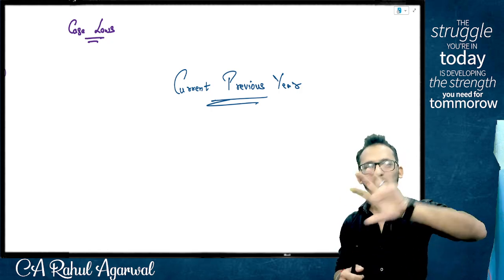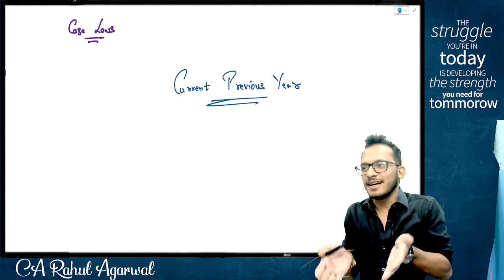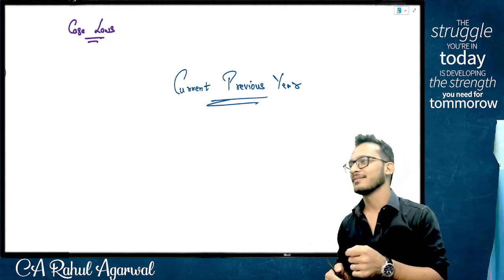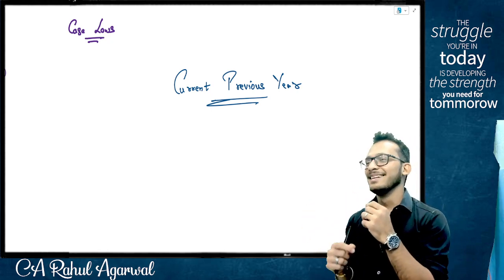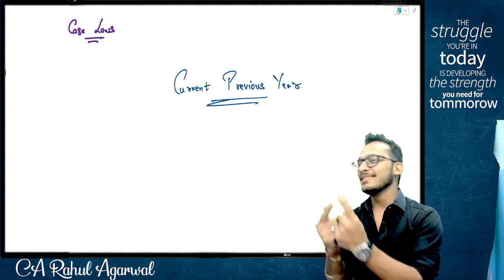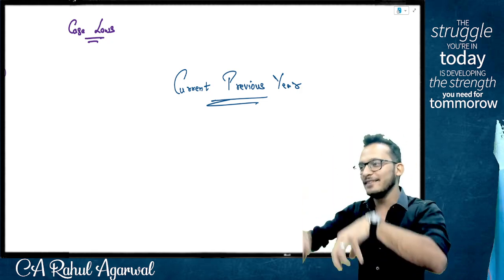For 24-25, 23-24 is the previous year. That is not current previous year. People, current previous year means I'm looking at one year, which is current also, previous also.